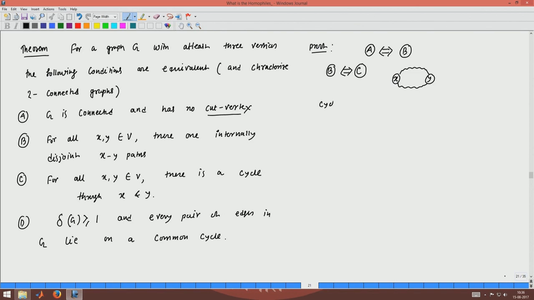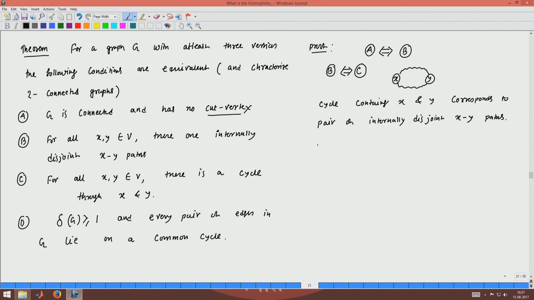So, the cycle containing x and y corresponds to a pair of internally disjoint x-y paths, right. So, C implies B, and once you have two internally disjoint paths you can get a cycle. Once you have a cycle containing x and y you can get two internally disjoint paths, the same condition.